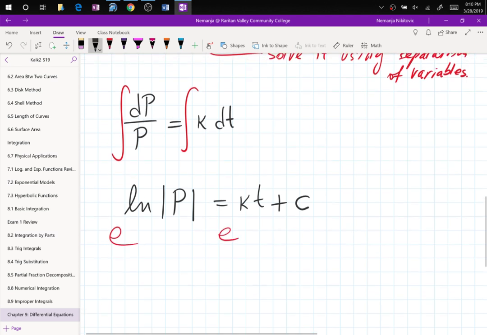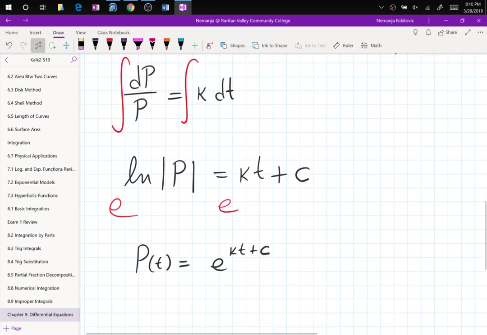So now P of t is equal to e to the kt plus C. Now, those of you remembering algebra, like both of you in the class, you know that x to the m times x to the n is x to the m plus n, right? So you have this side, split it.